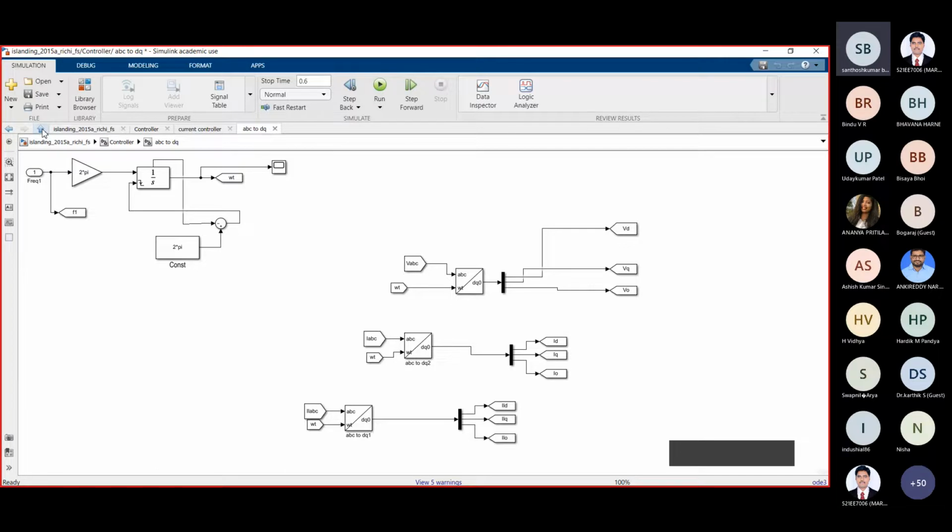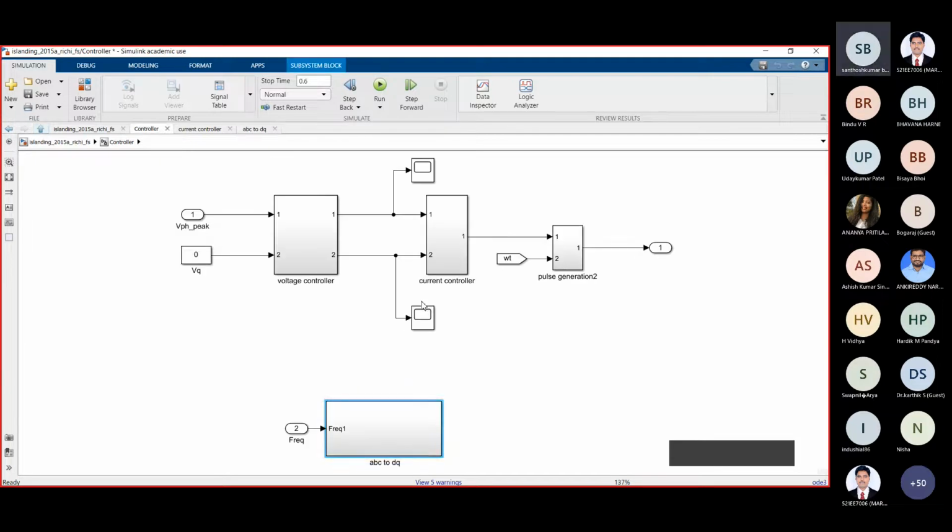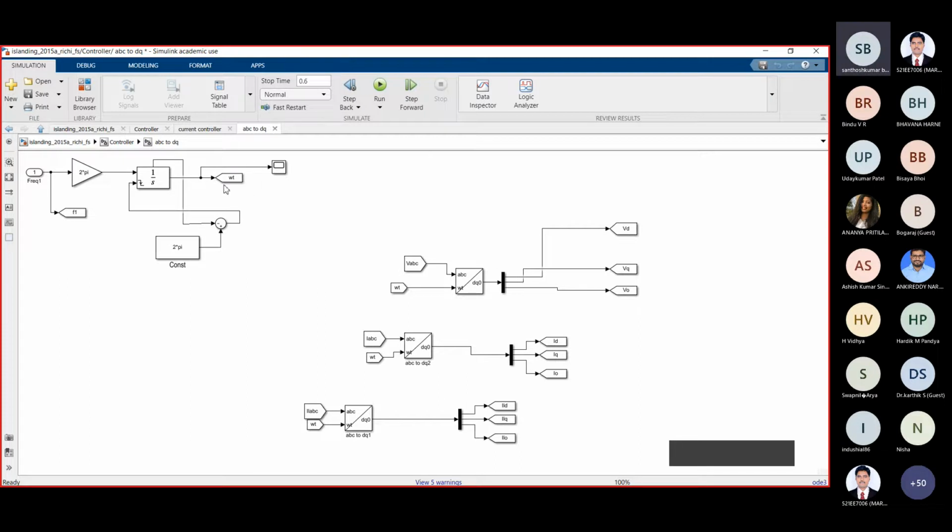You can get a better response, though if you use a normal integrator, there also you can get the result. From this you get omega t. This omega t we use in all the ABC-DQ transformations. Everywhere we need omega t, and it is generated from the reference value of the frequency.